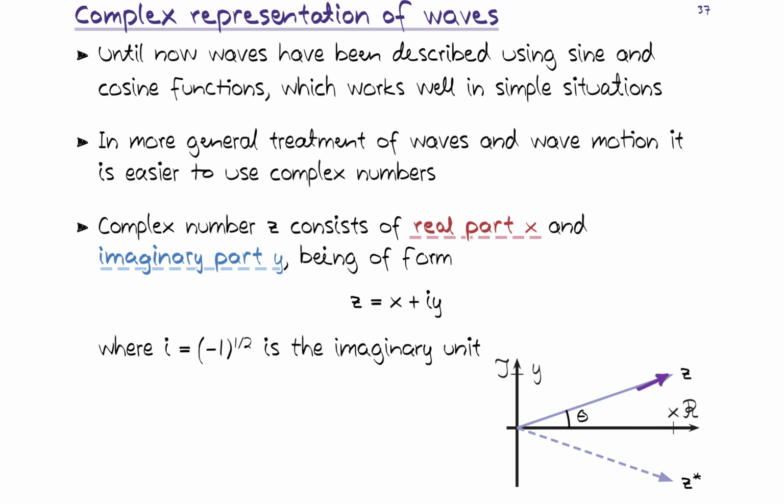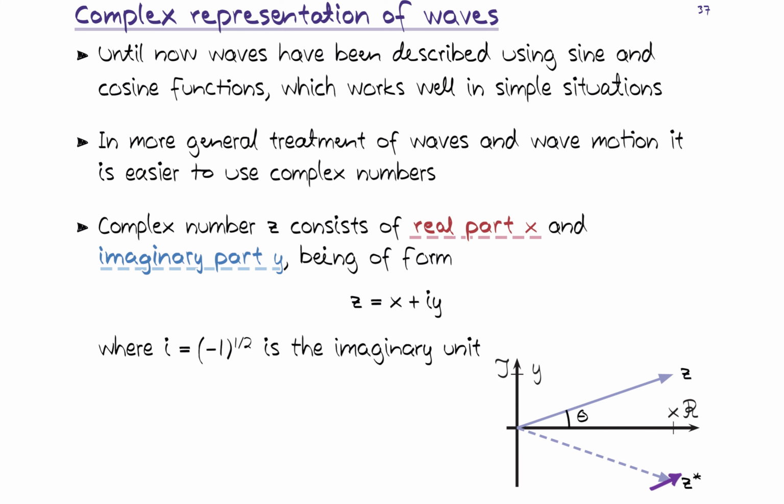The phase angle theta corresponds to the phase of this complex number, and in the future we can connect this phase angle with the phase of our wave. This would be the physical connection.